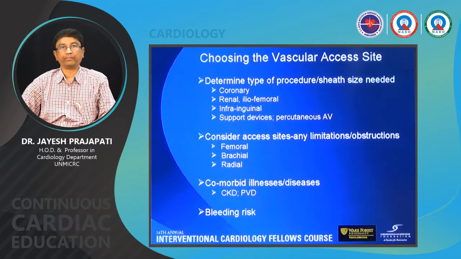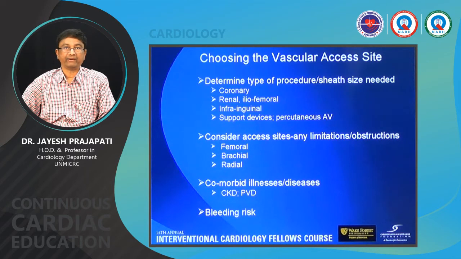Suppose we are planning peripheral interventions like renal or iliofemoral, where we sometimes require multiple accesses; because of peripheral vascular disease we have to choose our access accordingly, right or left. So we sometimes take the left radial or left brachial access, because through them we can use a femoral catheter the same way.